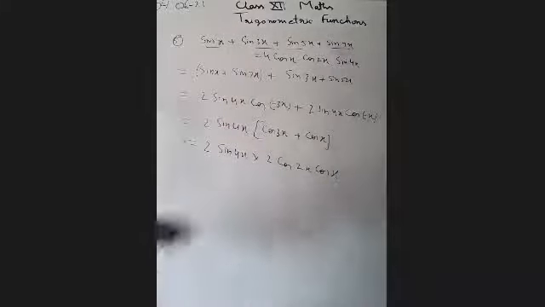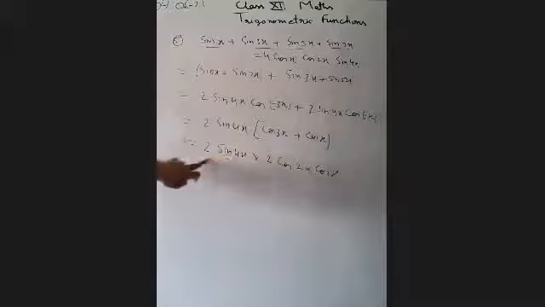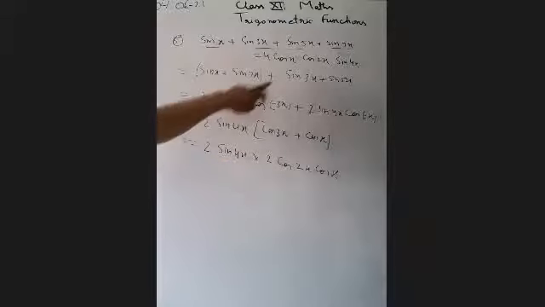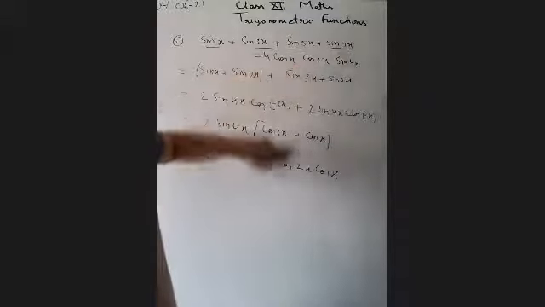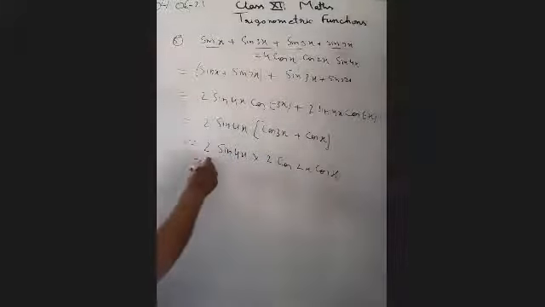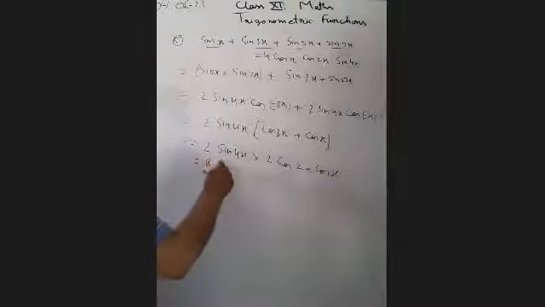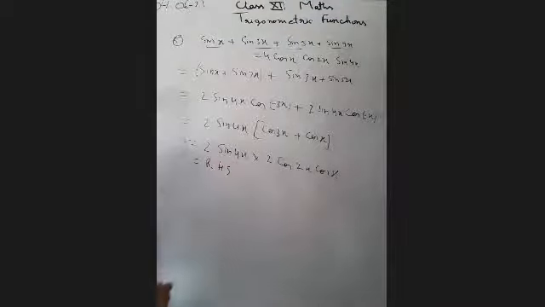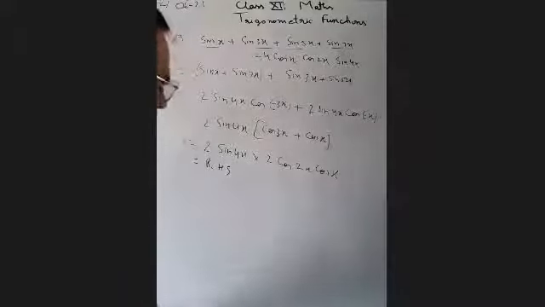So what we have to prove, 4: 2 times 2 is 4. Cos 2x and cos x and sin 4x. So we get the right hand side. So we have completed this question.